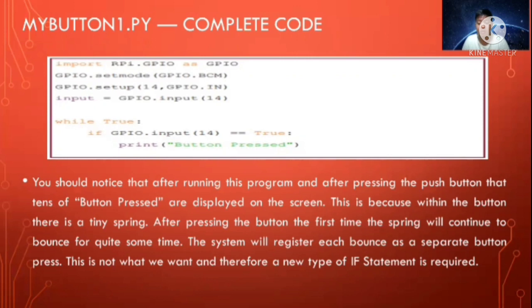This is because within the button there is a tiny spring. After pressing the button the first time, the spring will continue to bounce for quite some time. The system will register each bounce as a separate button press. This is not what we want, and therefore a new type of if statement is required.